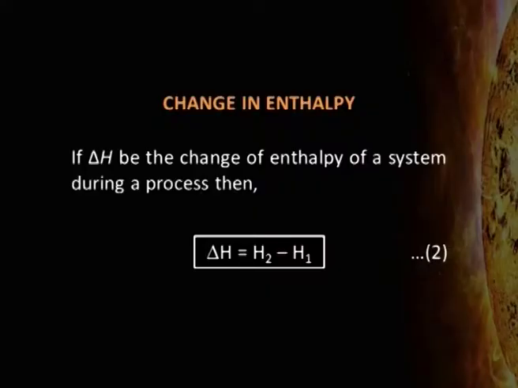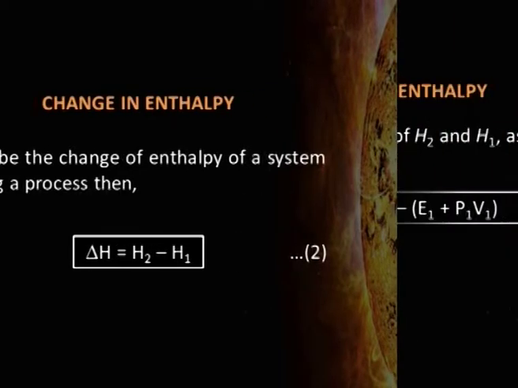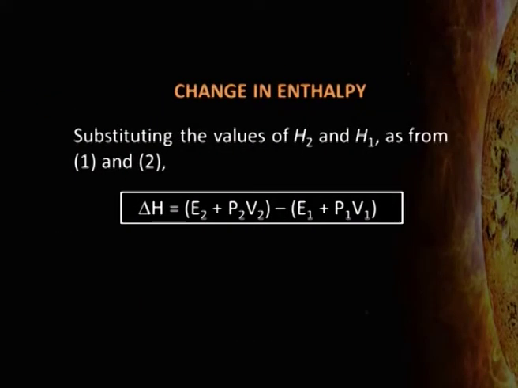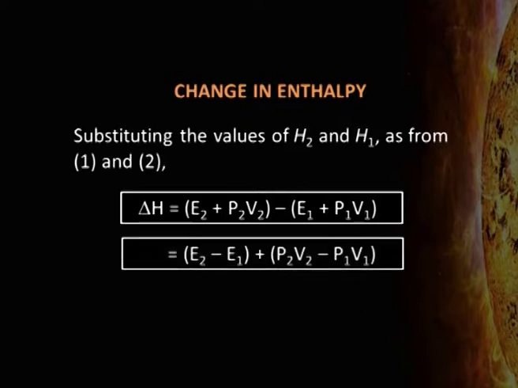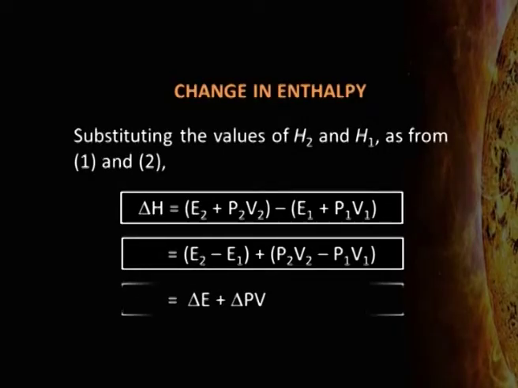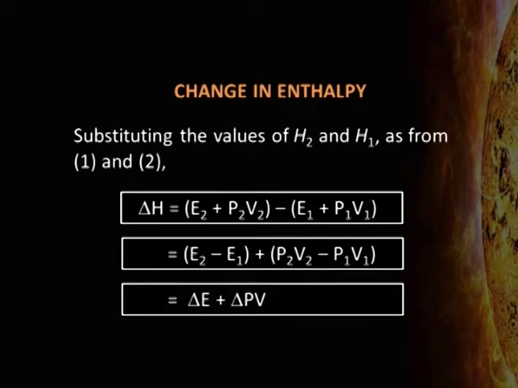Substituting all these values in equation 2, we will get delta H equal to E2 plus P2 V2 minus E1 plus P1 V1, that is E2 minus E1 plus P2 V2 minus P1 V1, or we can say that delta H equal to delta E plus delta PV.